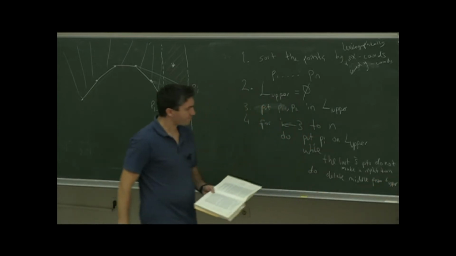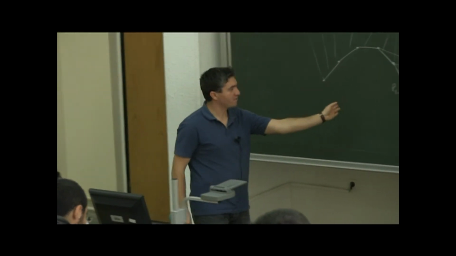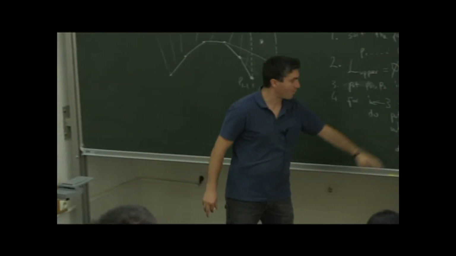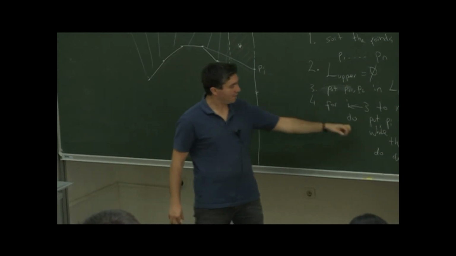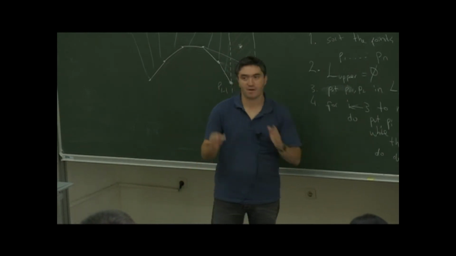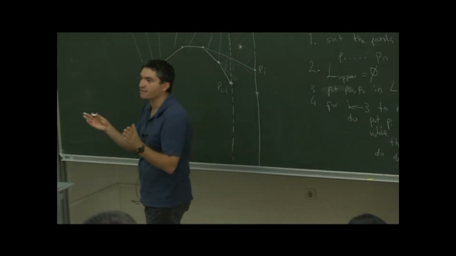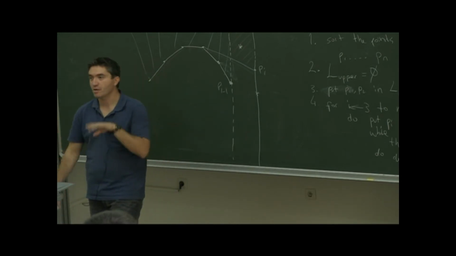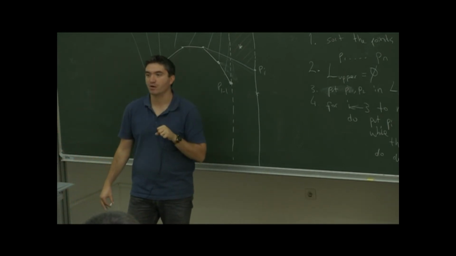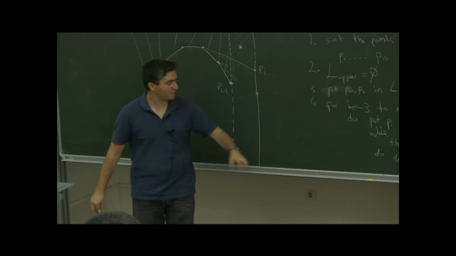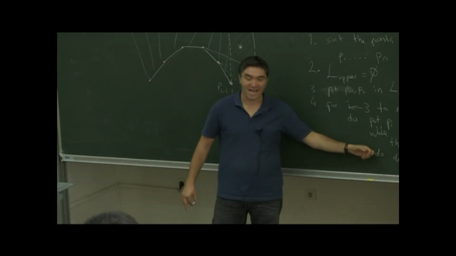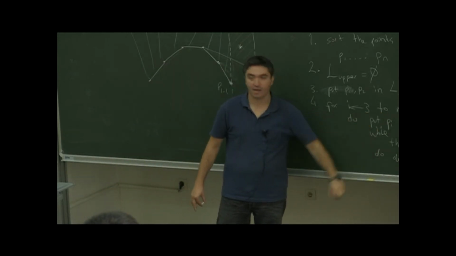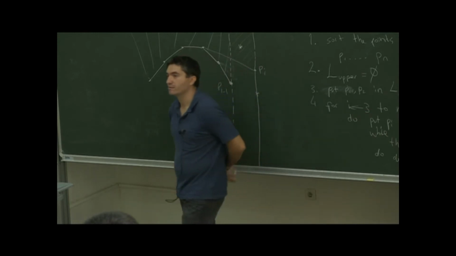So for the remaining points, starting from the third point all the way to the last point, we process them and look at the last three. If they don't make a right turn, we remove the middle point from our list, and we do this until the last 3 points on our L upper make a right turn.